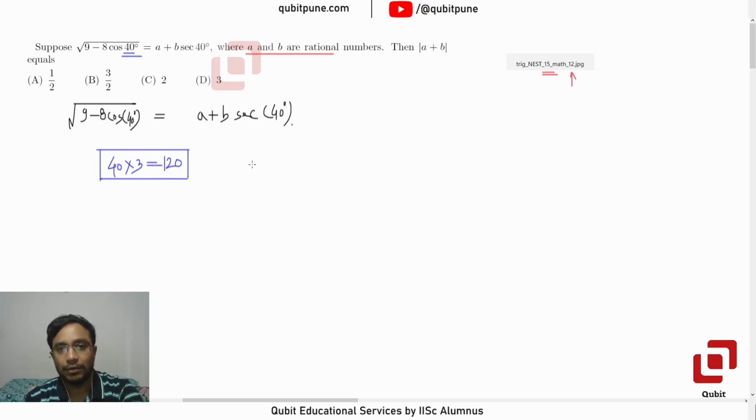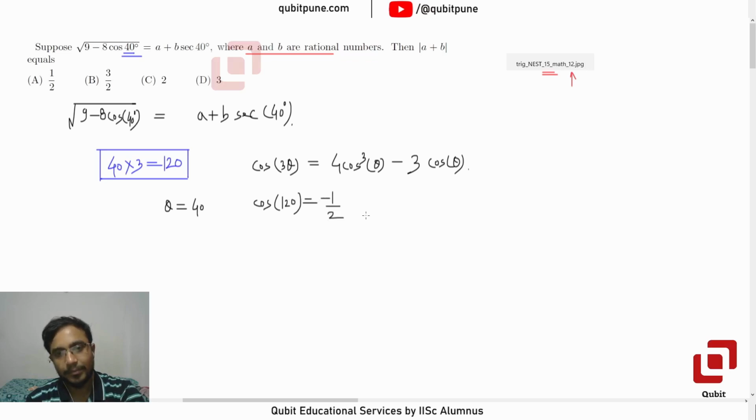So what can we do? Let's invoke the triple angle formula first. Cos of 3 theta is 4 cos cube theta minus 3 cos theta. Now if you use that formula with theta equal to 40 degrees, then I can say cos 120, which by the way is negative 1 upon 2, will be 4 into cos cube 40 minus 3 into cos 40.